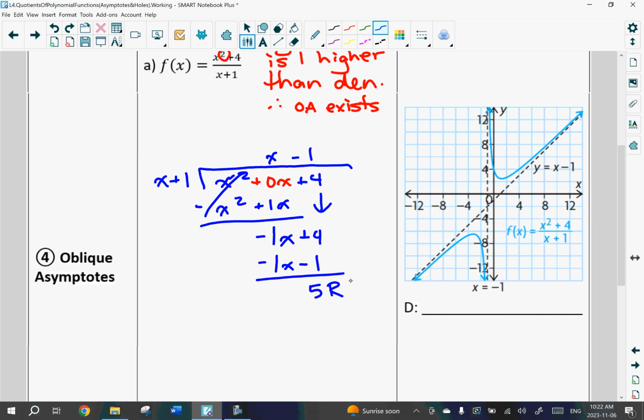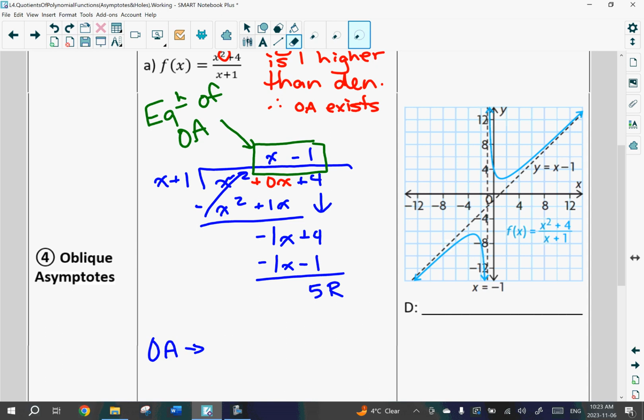Okay, so that's great. The only reason I did this is because we have to take these two values, and they tell you what your oblique asymptote is. This is your equation of OA. That's f of, well, I don't even want to say f of x.